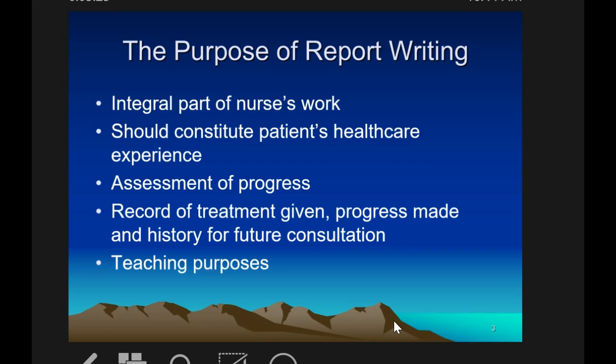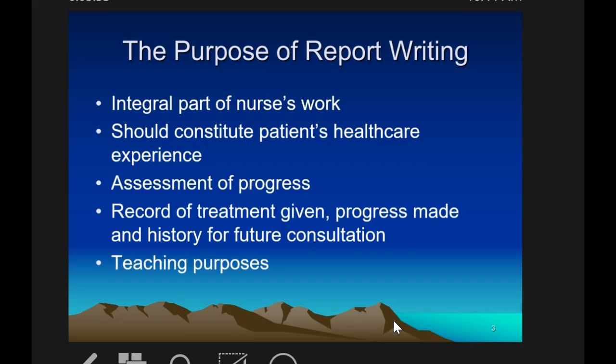The written reports provide an assessment of progress for health professionals, and it's also an indication of patients' transition to perhaps their next stage of treatment. They also provide a record of treatment given, progress made, and they are a documented history for future consultation or admissions if required.